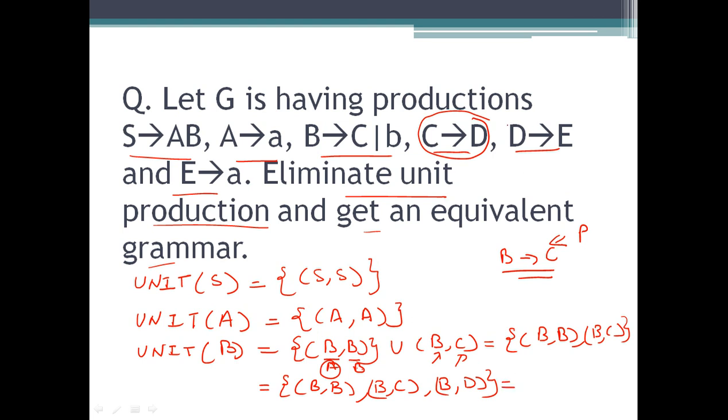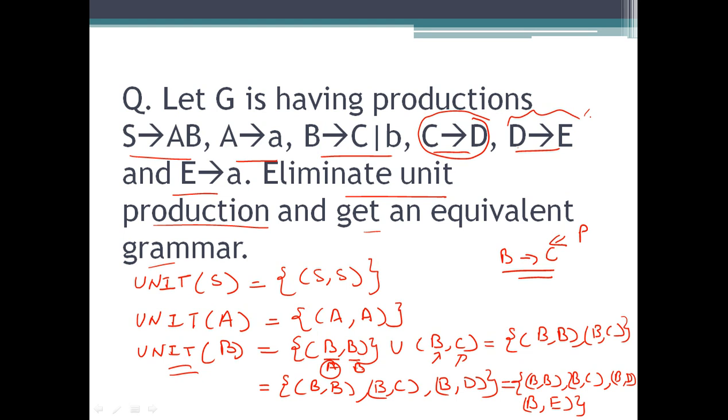In the next step, you see one unit production, D is rewritten as E. So you are going to get BB, BC, BD and BE as the unit set for B. Now you do not have any unit production deriving from E, so we stop for B here.